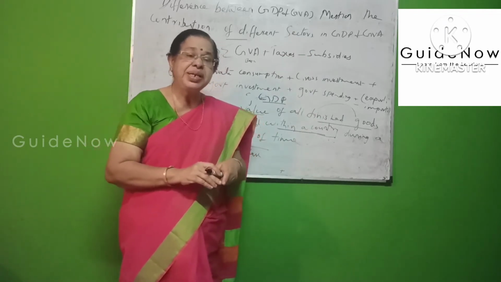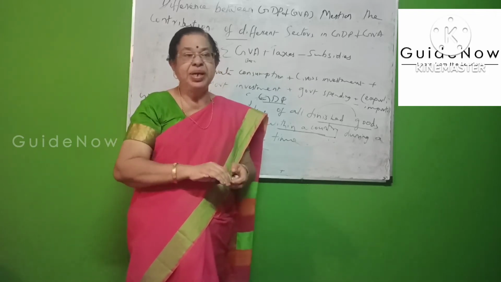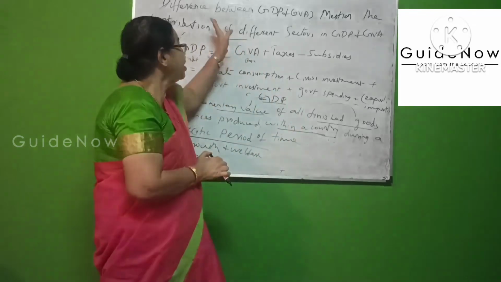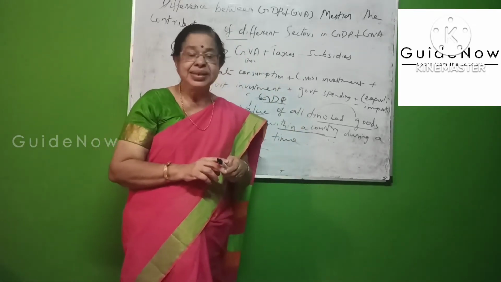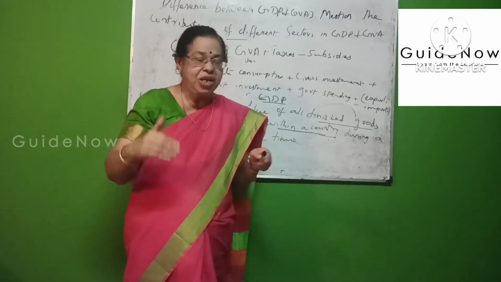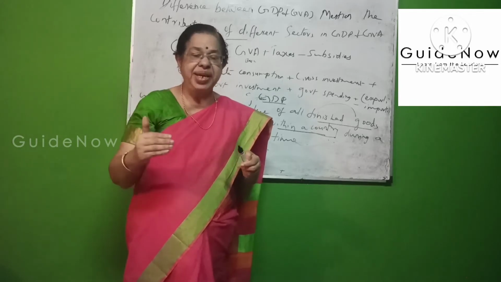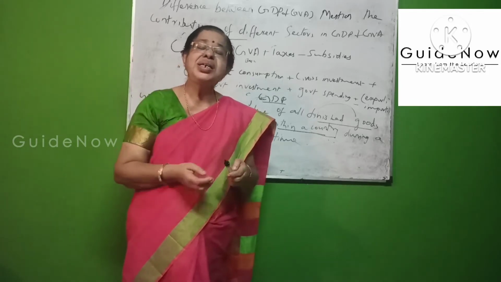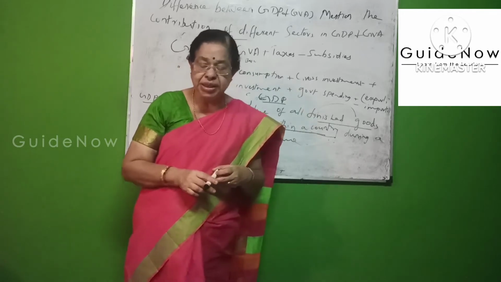So we explained here what is meant by GVA and what is meant by GDP. Next we move to the question. The question is the difference between GDP and GVA. Based on the clarification of the meaning and definition of GDP and GVA, next we move to what are the main important differences between GDP and GVA.